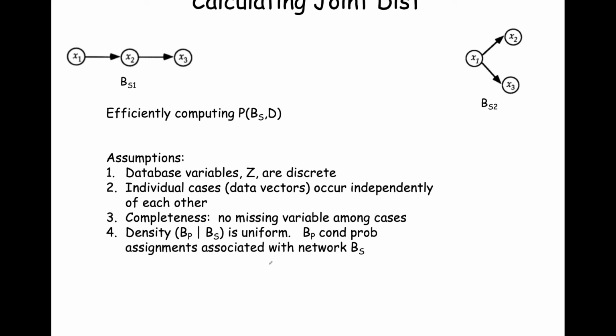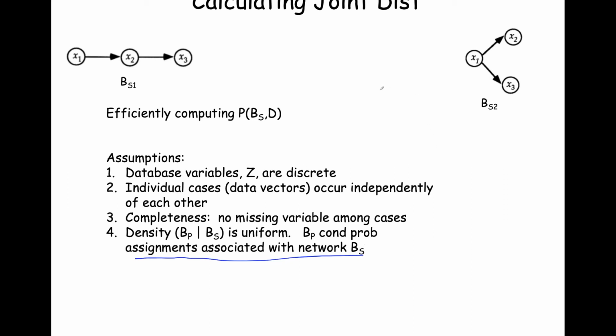And so let's assume that the following density is uniform. The BP, given the Bayesian net structure, you can assume that's uniform. And BP is the conditional probability for the assignments associated with a Bayesian network structure.